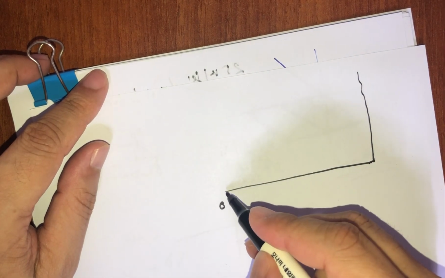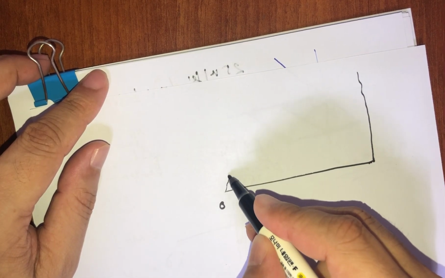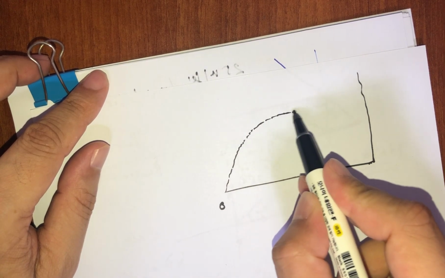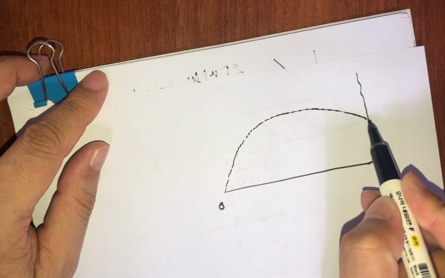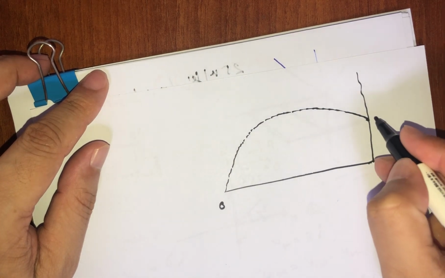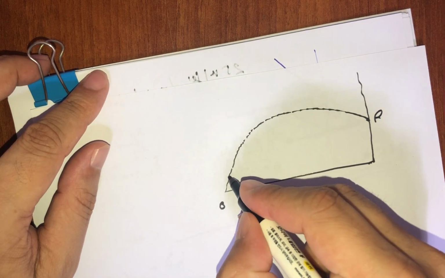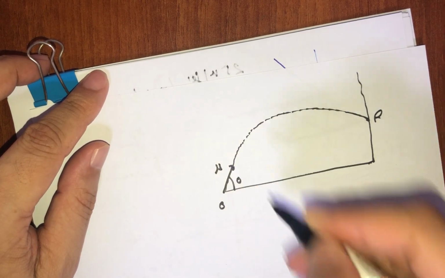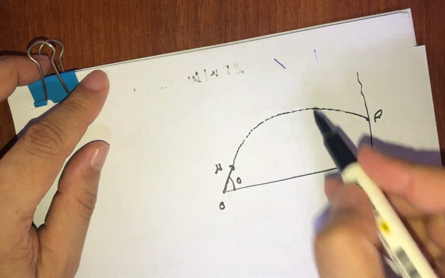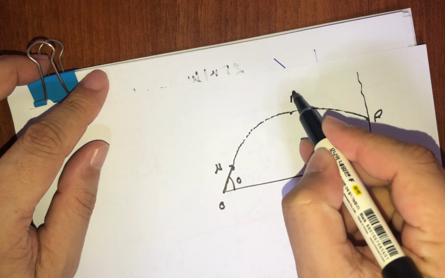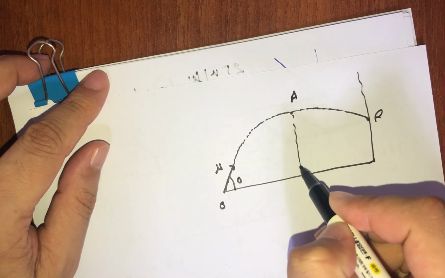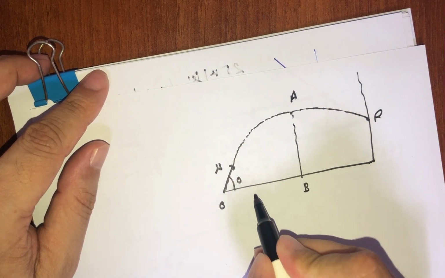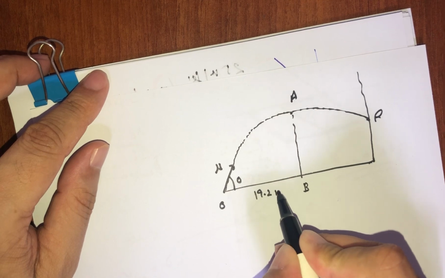Now this stone is projected with a velocity of u, and let us suppose it strikes the wall at point P. This is the angle theta and it is projected with a velocity u. Let the highest point be A, and this is the projection of the highest point on the ground. This distance is given as 19.2 meters.